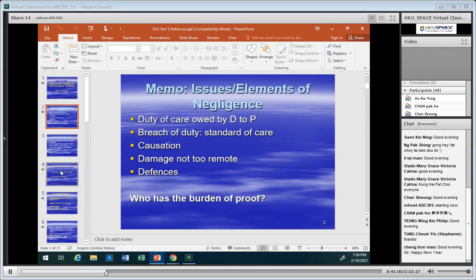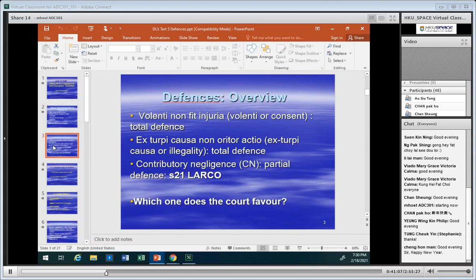Okay, so what are the defences? Well, there are three of them. The first two are total defences. Volenti non fit injuria is also known as consent. I forget the exact Latin expression, maybe it's in the notes, I'm not sure. But you know who a volunteer is, right? Somebody who consents to doing something.